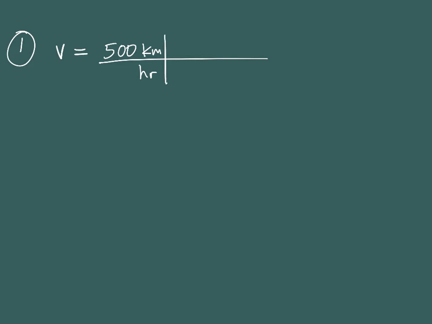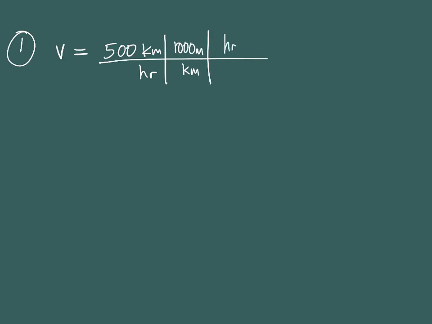But first off the bat, I just need to get this into compatible units. I either need to get my meters into kilometers or my kilometers per hour into meters per second. So I'm going to go the speed into what it needs to be. I know that every kilometer has 1,000 meters in it. That's a fancy form of 1.